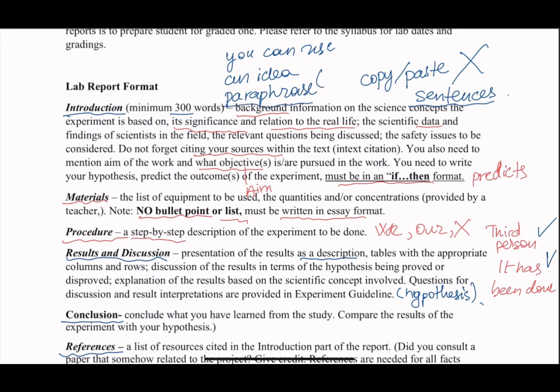So let's say you write, for example, redox reaction, and so on. You got something from a resource.